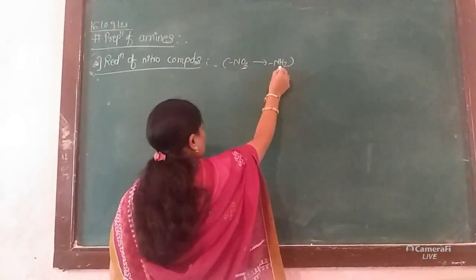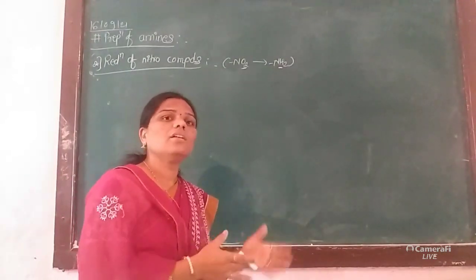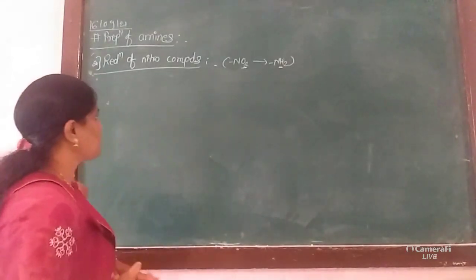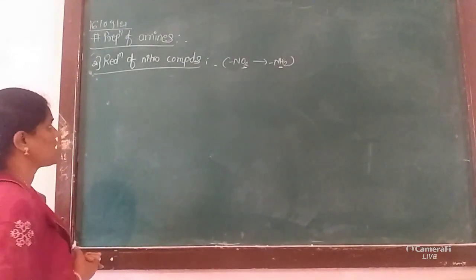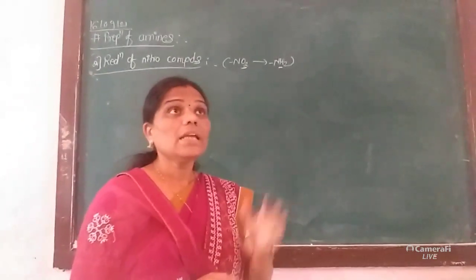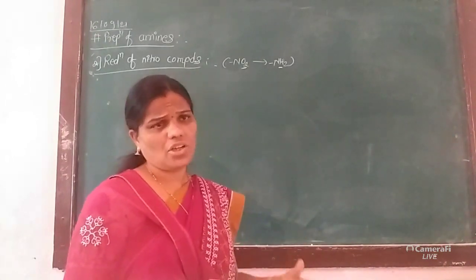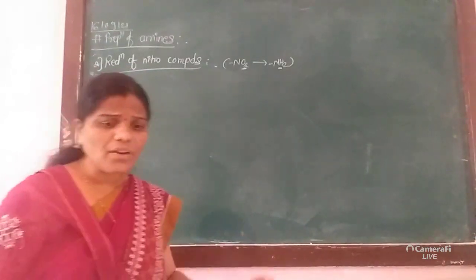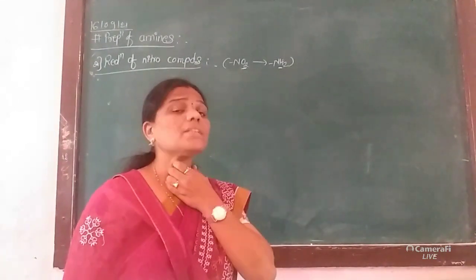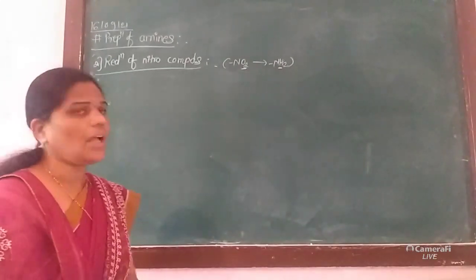So the removal of oxygen and addition of hydrogen is also known as reduction. Removal of oxygen and addition of hydrogen is known as the reduction. So when the nitro compound undergoes reduction in the presence of different types of reducing reagents, not only one reagent, different reagents reduce the nitro group, and this NO2 group is converted into NH2, that is the primary amine group.